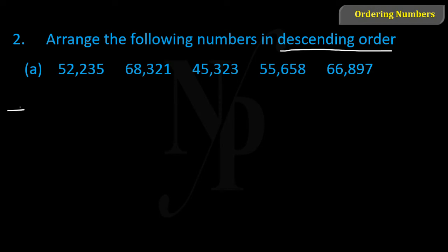So as the solution of this question, to arrange the given numbers in descending order, what we do, we will first find the greatest number among the given numbers, greatest to smallest.